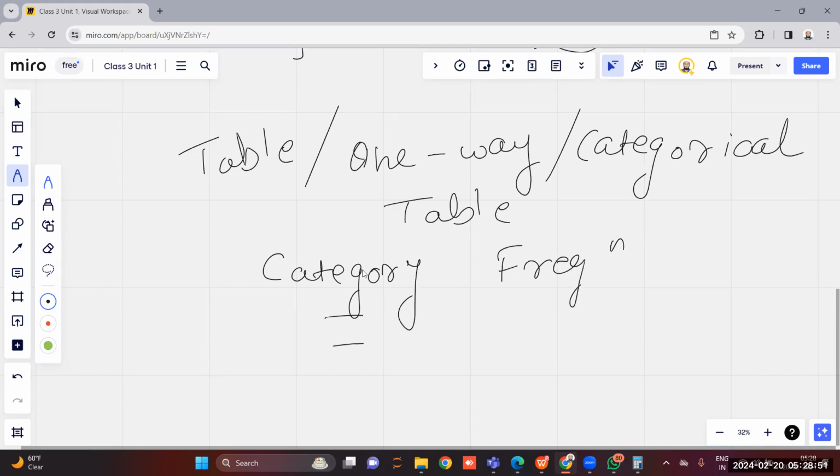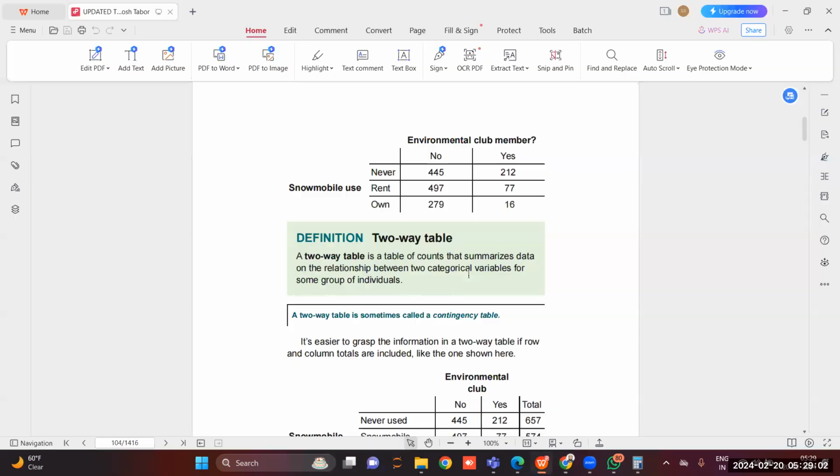The categories one, two, three, four, and the frequency of each. So this was a one-way table because there was one category in this column and we were comparing it to the frequency.